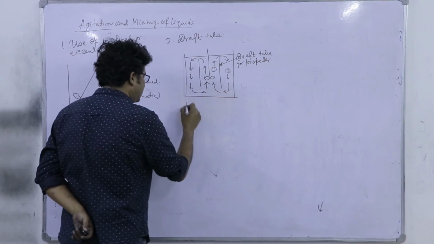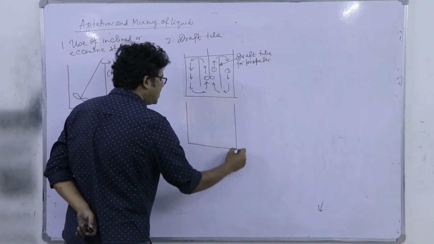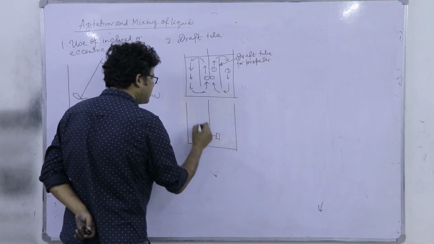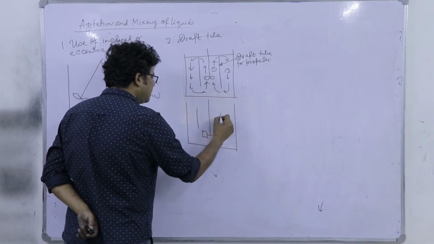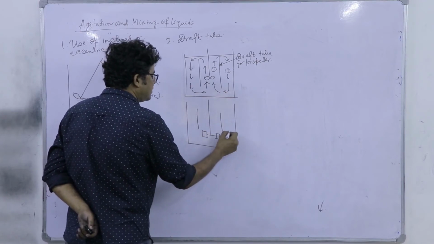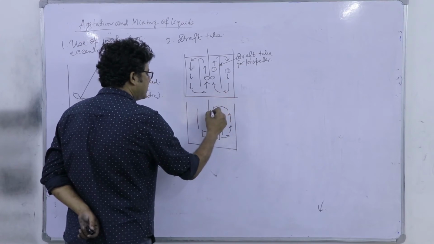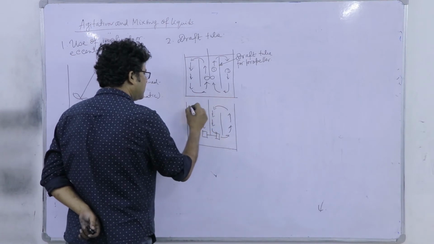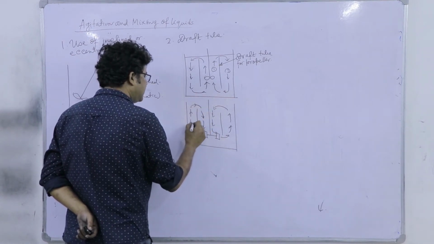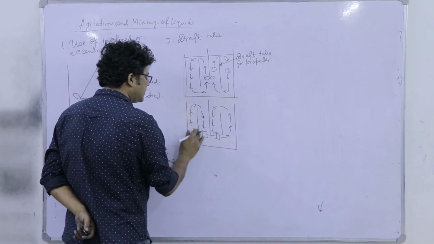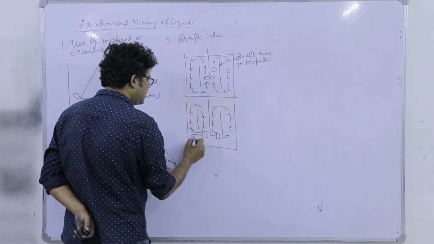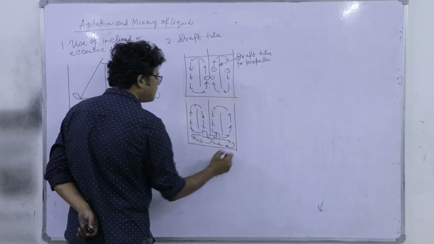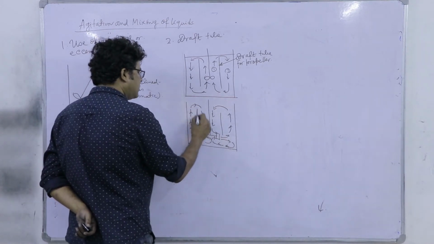Alternatively we can also use a draft tube in case of a turbine fitted tank. So here the draft tube will be like this. Again the continuity of this V theta is broken. This is the draft tube.